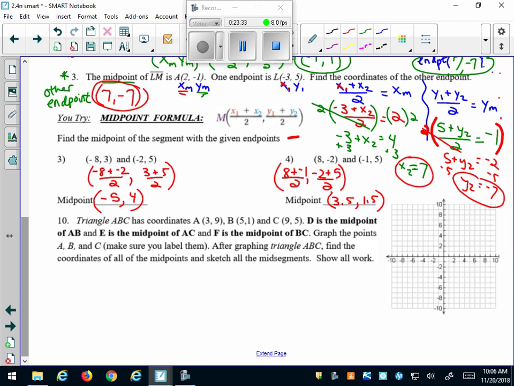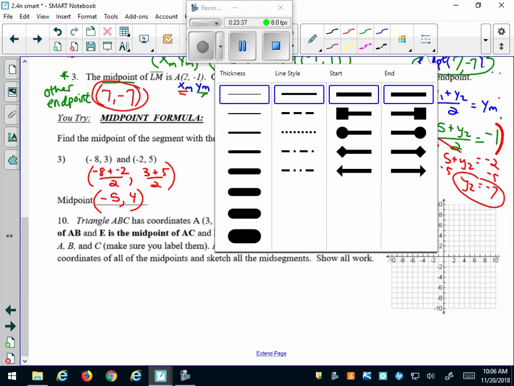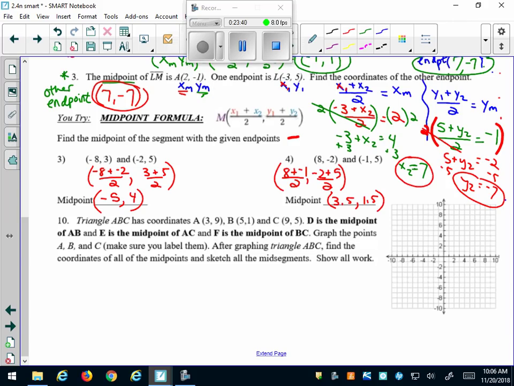Okay, so this last question kind of brings these two pieces of our lesson together. And it says, on this coordinate plane, draw a triangle ABC with these coordinates. So do this with me. Point A is at 3, 9.